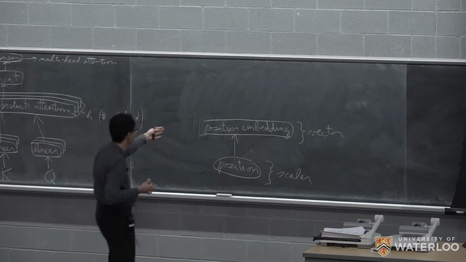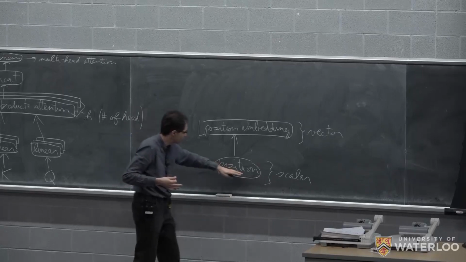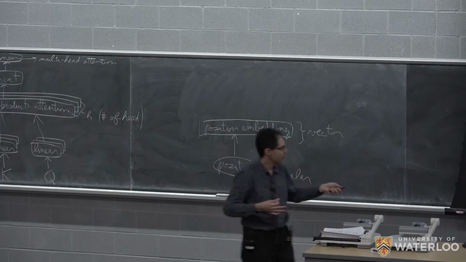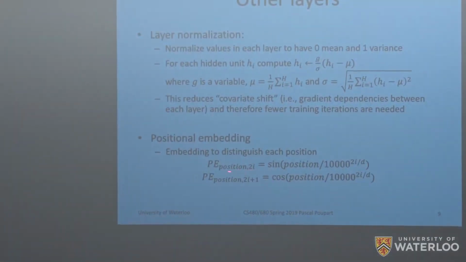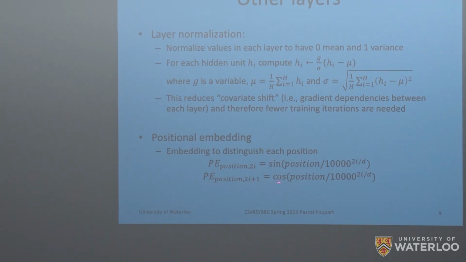So often these vectors are going to be hundreds long. And now how do we go from a scalar to a vector? Well, this is where the formula gives us a way to obtain a different value for each entry of the vector. So for the even entries, we're going to compute the sine of this, and for the odd entries, we're going to compute the cosine of this.